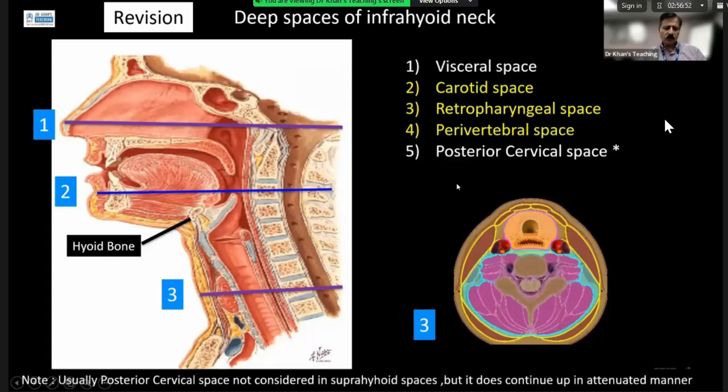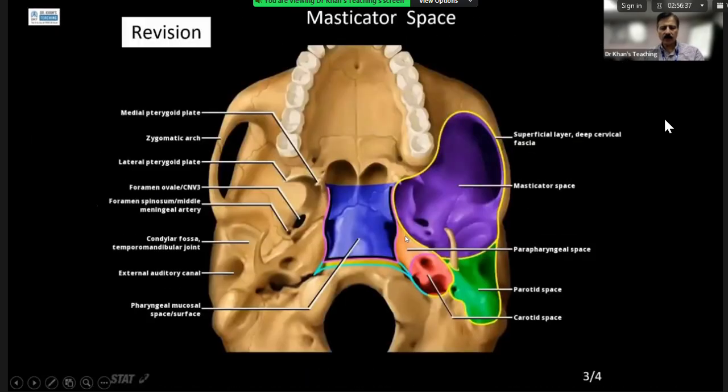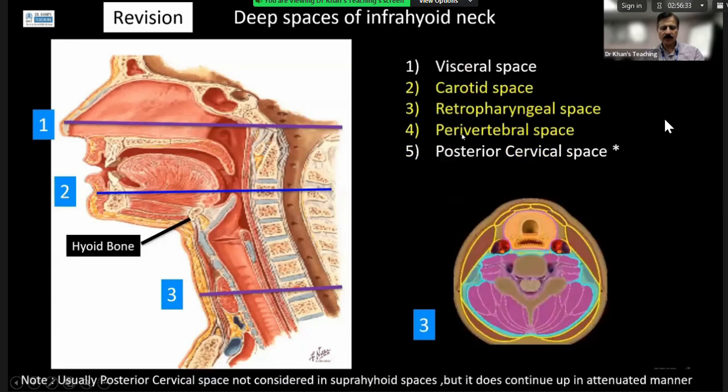So these are the 5 spaces of infrahyoid neck. Again, will be covered next time, but just wanted to highlight that these 3, carotid space, retropharyngeal space, and perivertebral space, also are in the suprahyoid neck, so they are in the suprahyoid neck as well as infrahyoid neck.